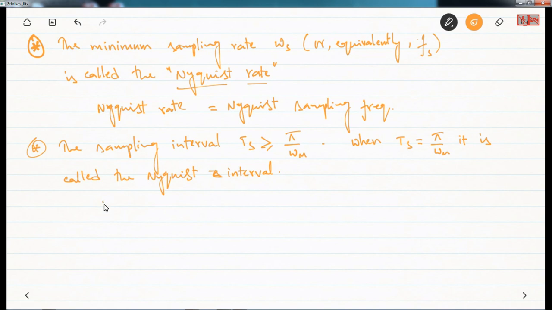Or in other words, see here the minimum sampling rate is called the Nyquist sampling rate.